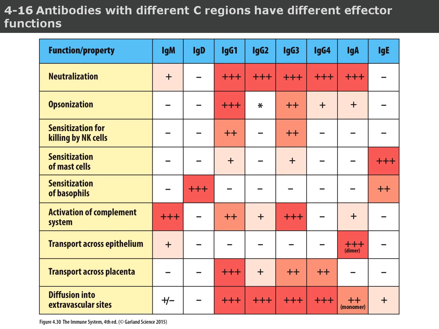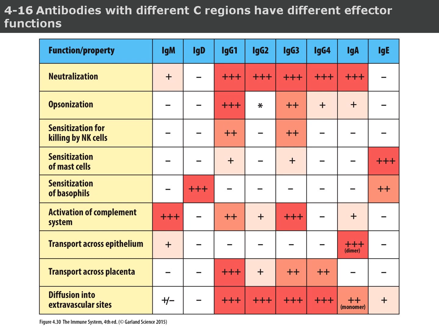This figure summarizes how each immunoglobulin class contributes to different immune functions based on its constant region. The chart compares several key activities, including neutralization, opsonization, natural killer cell sensitization, mast cell and basophil sensitization, complement activation, transport, and tissue diffusion. Immunoglobulin G1 shows strong performance in neutralization, opsonization, and placental transport.